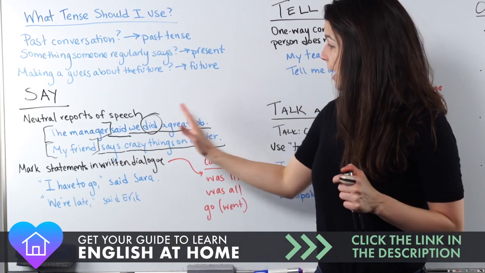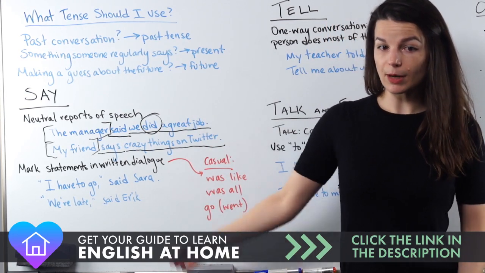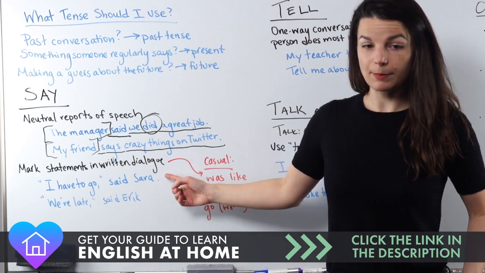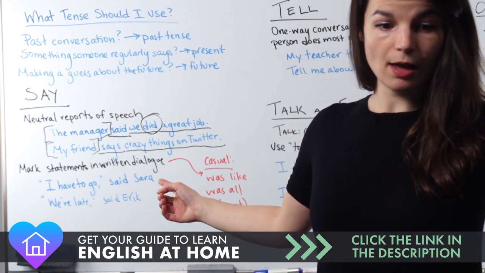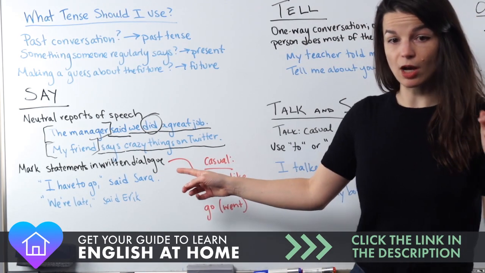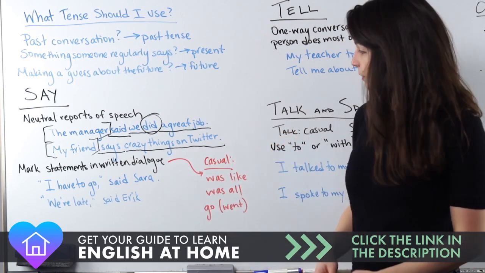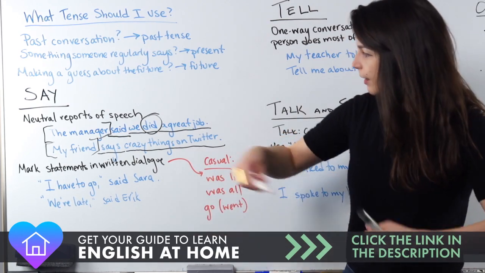Okay. I also want to spend some time today thinking about this next point. It's maybe hard to see. It says mark statements in written dialogue. Sorry, out of focus. Mark statements in written dialogue. What does this mean? So, mark statement.